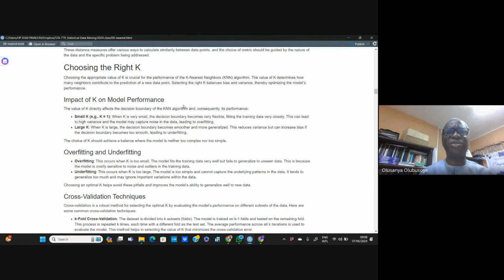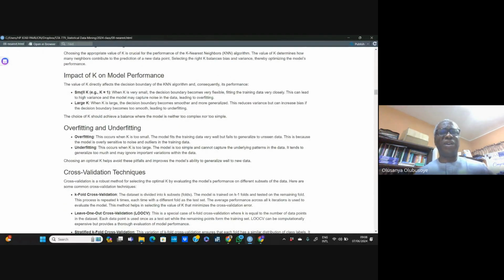It's crucial because it determines the performance of the algorithm. Selecting the right k will ensure a balance between bias and variance. In other words, it will guarantee optimal model performance.